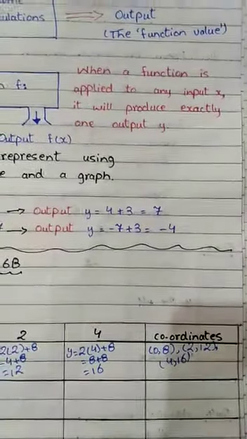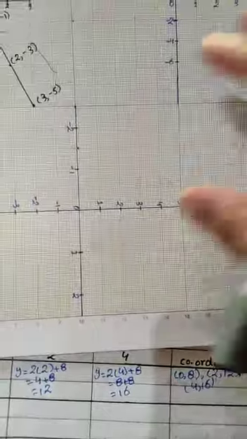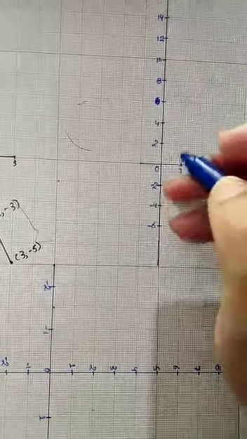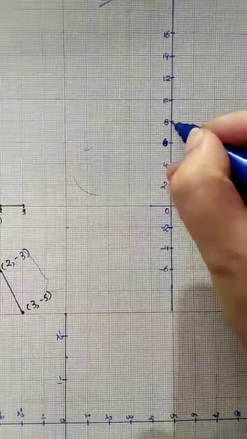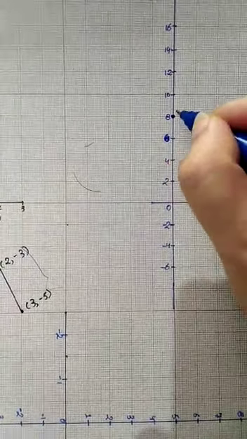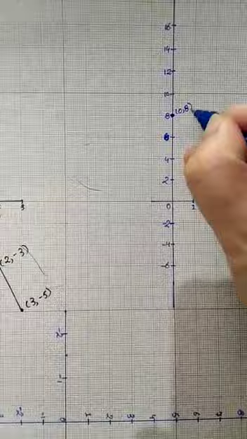The first coordinate is (0, 8). Okay, so the first coordinate is (0, 8). (0, 8) means x is 0 and y is 8. So the point lies on the y-axis. It's here, (0, 8).